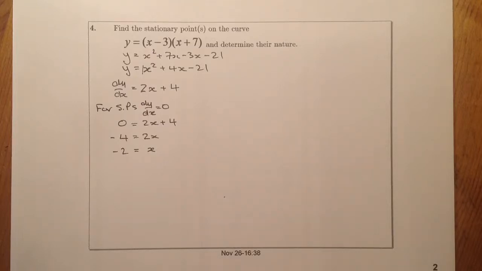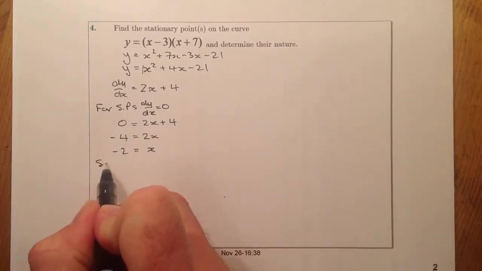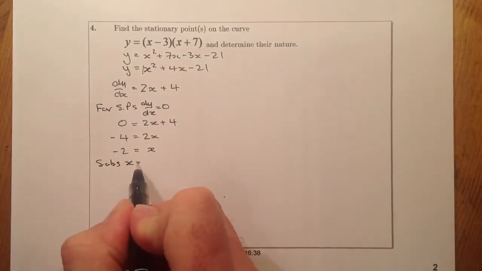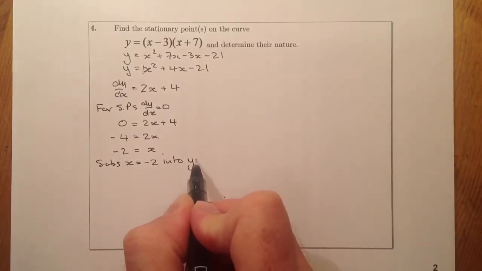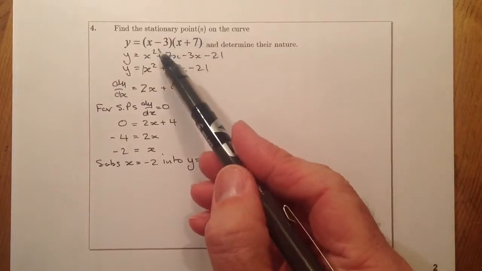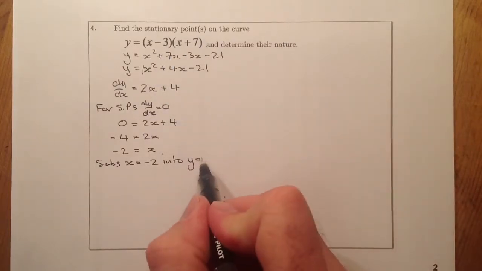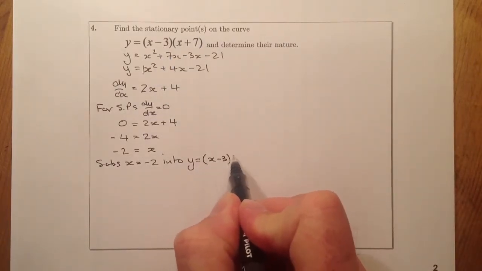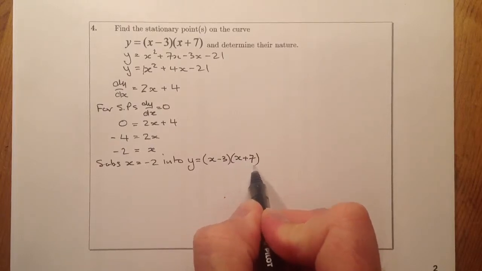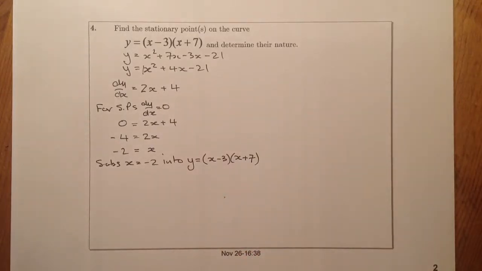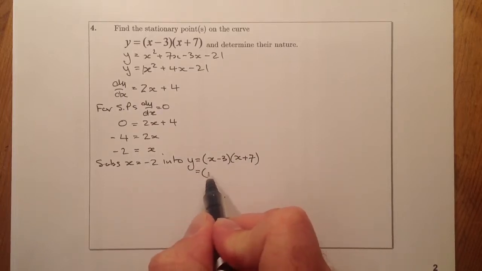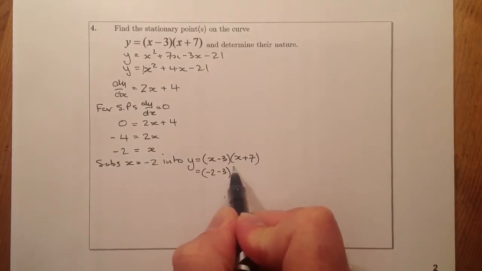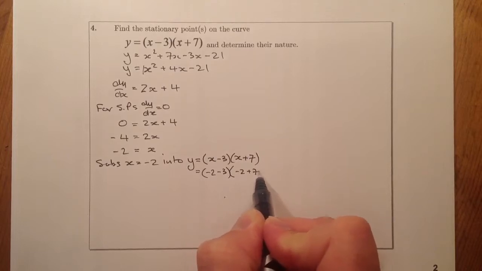When I know the x coordinate, I'll substitute x is equal to minus 2 into the y is equal to formula. Either one of these would do, so let's use the first one that we're given. I'll work out my y coordinate. So minus 2 will be substituted in here, minus 2 into here also.